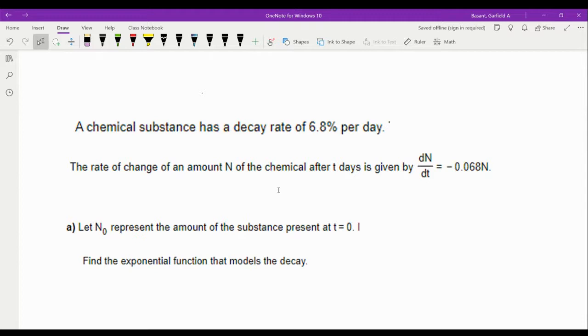So here, let's look at this question. This is number 7 in the homework in my math lab. It says a chemical substance has a decay rate of 6.8% per day, and the rate of change of an amount n of the chemical after t days is given by dn/dt equals negative 0.68 n.